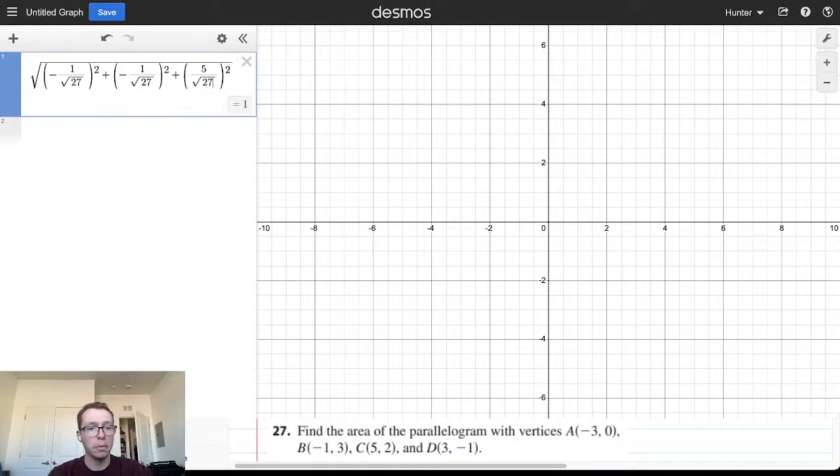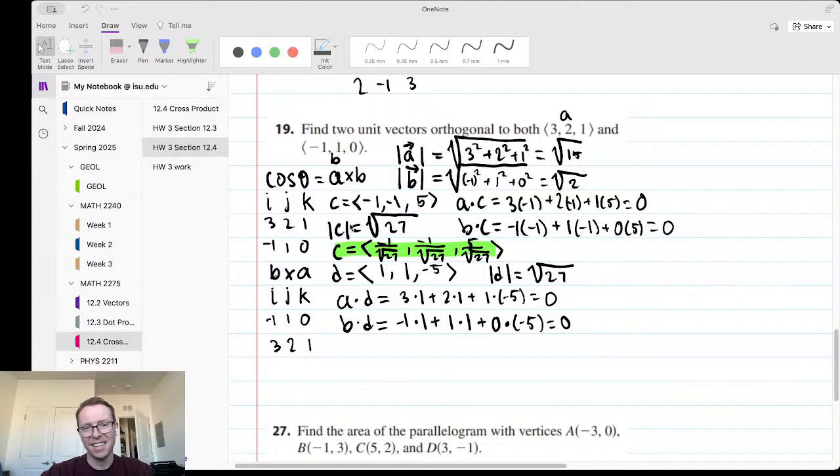Somehow it works. Why does it work? Oh, I'm an idiot. It's because it becomes 27 over 27, and so it's just the square root of 1. Okay, cool. I don't know why I was just like, this doesn't work. Sometimes I'm just a weirdo.